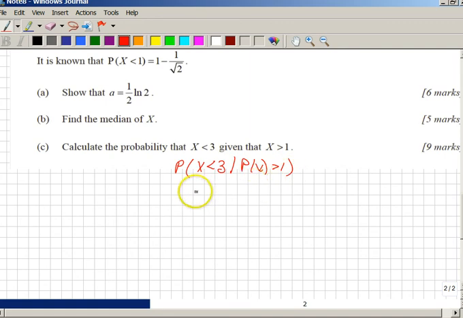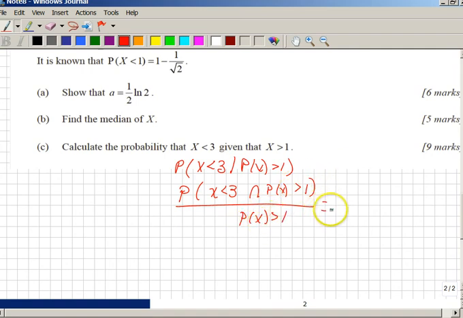Well, that's a given statement, so we use our formula: the probability of 3 given 1 would be the probability x is less than 3 and x is greater than 1, over the probability that x is greater than 1. Well, think of that numerator.